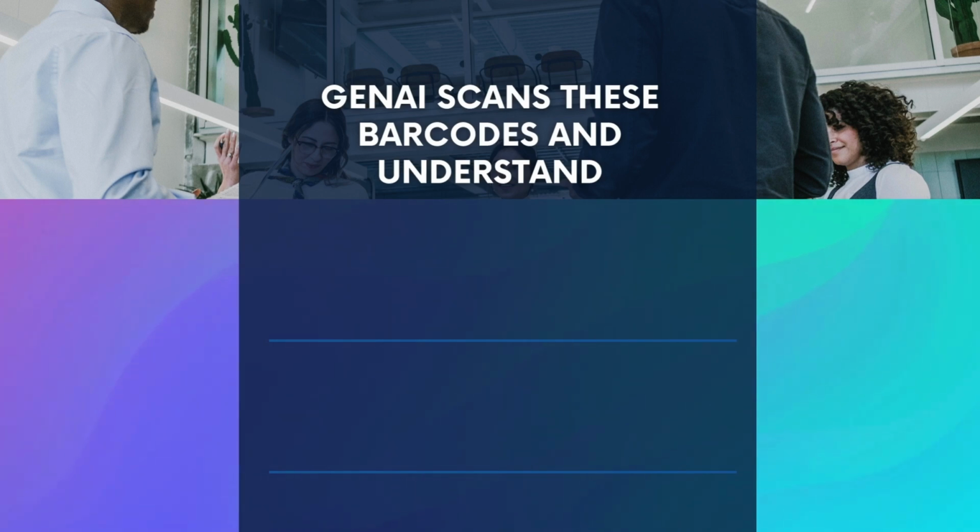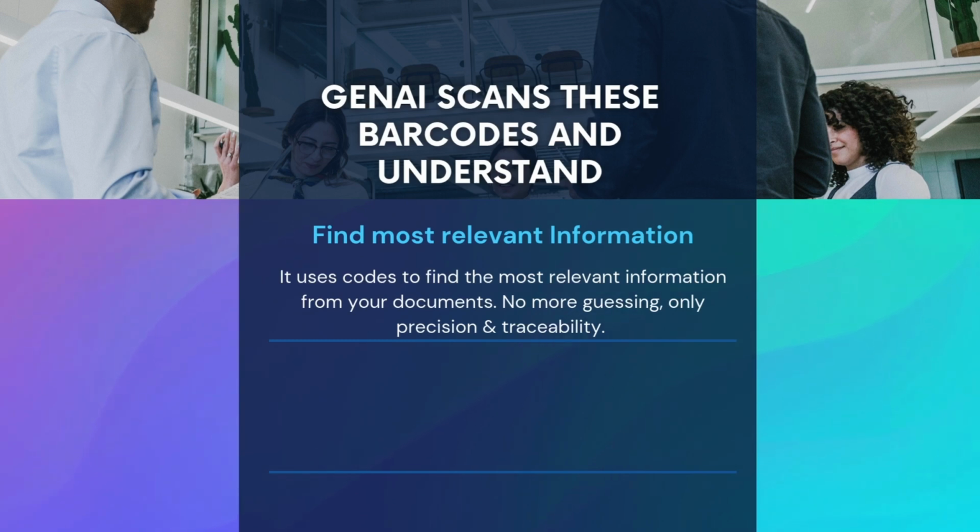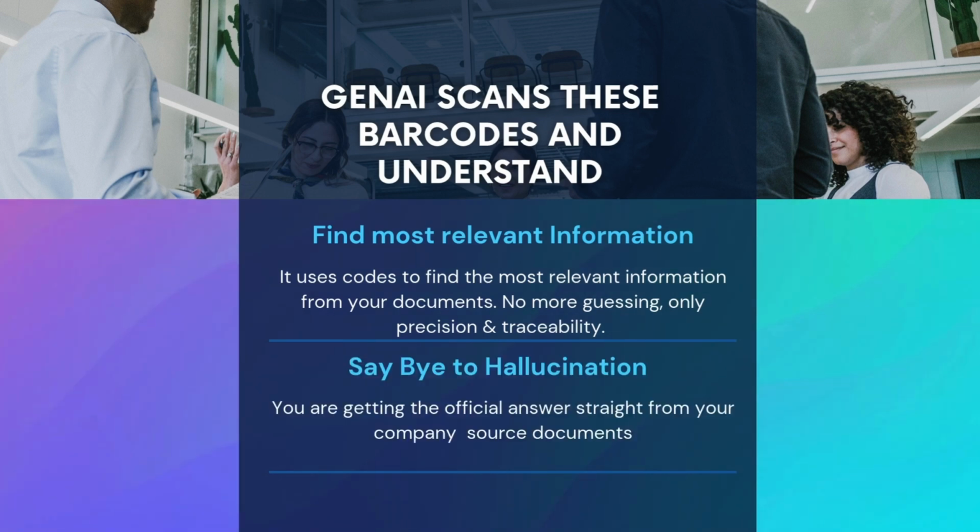When you ask a question, the AI uses those codes to find the most relevant information from your company's documents. No more guessing games. It's all about precision and traceability. Now you're getting the official answer straight from our smart, intelligent coworker, which isn't your buddy next to you anymore, but the assistant straight in front of you.